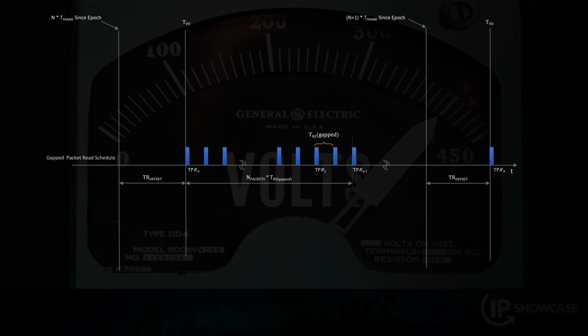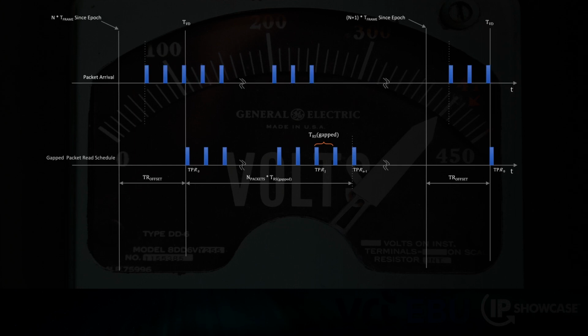So in the middle you see the gapped packet read schedule. That's something that's quite well defined in 2110-21. Nothing spectacular about this. But the moment we were at the Dirty Hands event, I said to the guys, well, I'm measuring your TR offset, and it seems to be a little bit off. And the guy rightfully said to me, how can you measure TR offset?